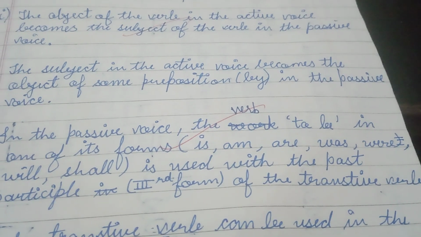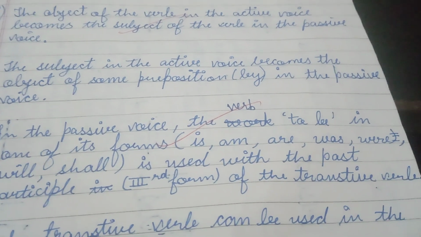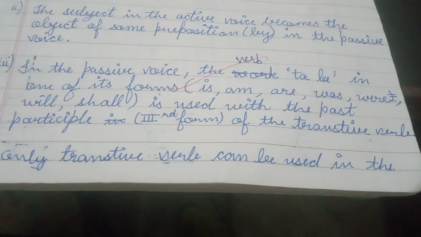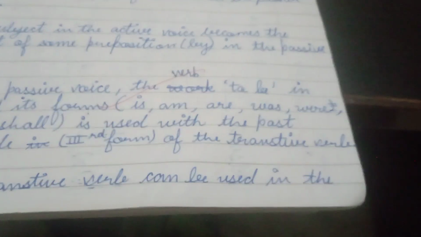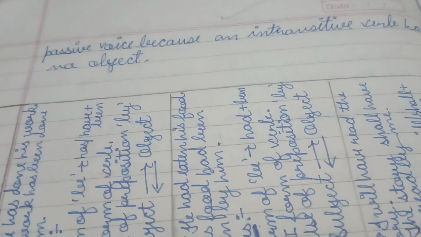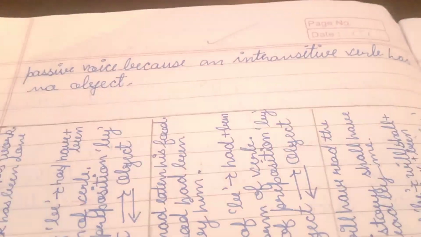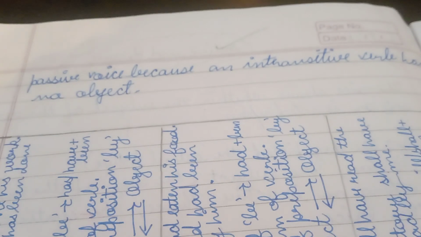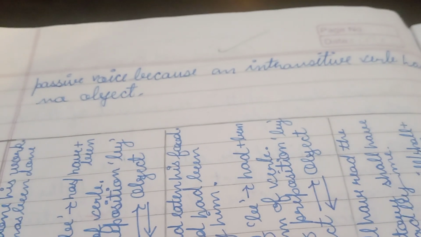Hence, we will be using it with the third form of verb. Moving on to the fourth rule, only transitive verb can be used in the passive voice because an intransitive verb has no object, which I have already explained to you.